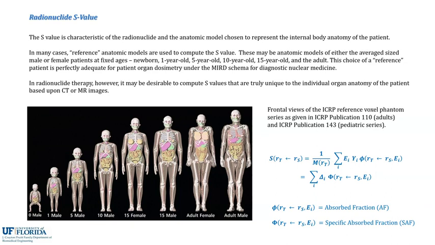So the summation over i is over the different components of the radionuclide decay scheme. And then to calculate dose, we need to divide by the mass of the target region. If I then multiply through by 1 over m, the small phi becomes a capital phi, and we call that a specific absorbed fraction, and has units of per kilogram.